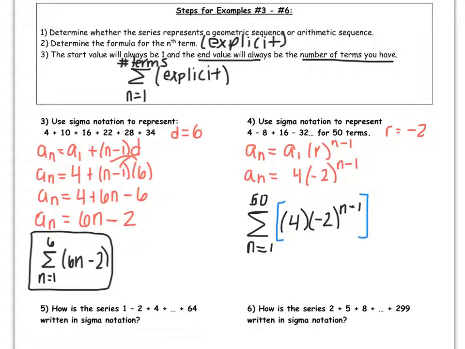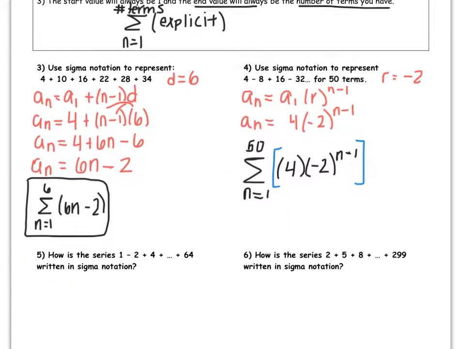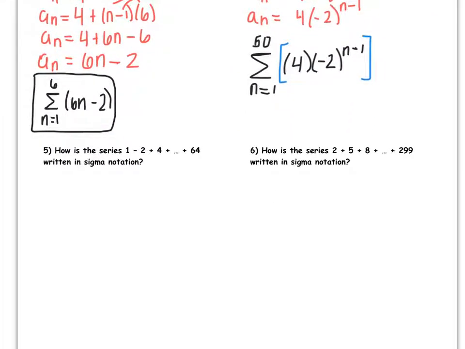Okay, let's move on to question number 5. It says, how is the series 1, negative 2, 4, and so on, written in sigma notation? So again, we first have to decide if it's arithmetic or geometric. So how am I going from 1 to negative 2 to 4? It looks like I'm multiplying by a negative 2.